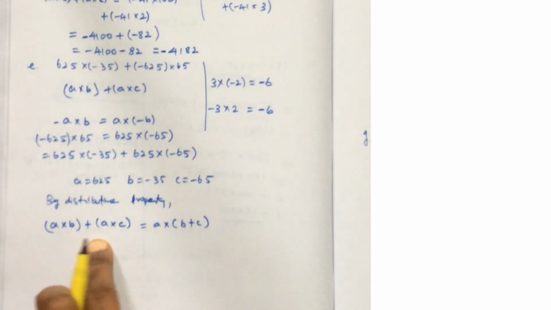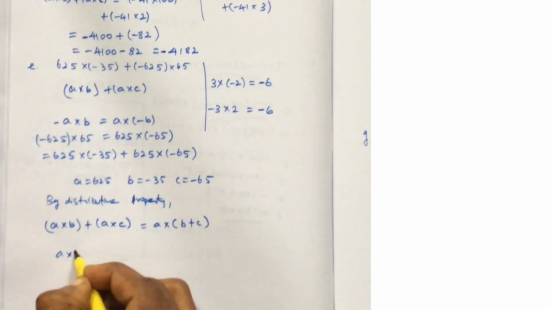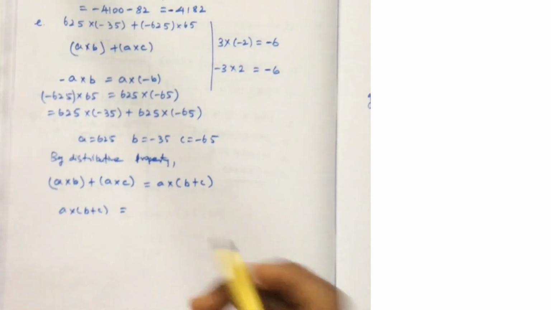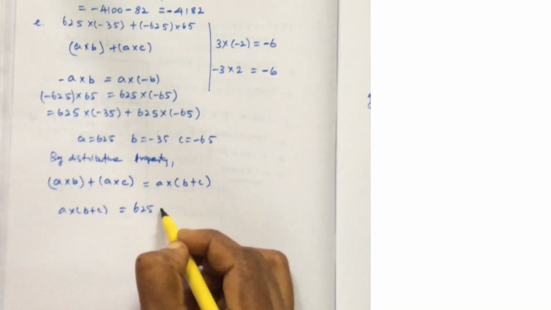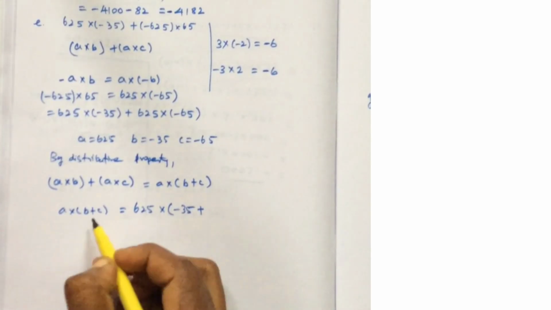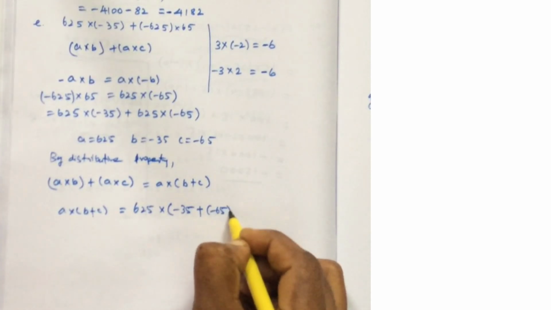You are writing this as this. Now I am going to solve this. So a multiplied by b plus c is equal to, what is a? 625 multiplied by, what is b? Minus 35, plus, this plus is from here. What is c? Minus 65.